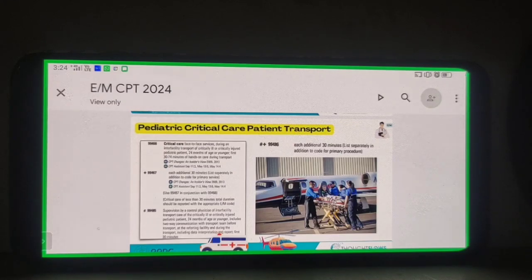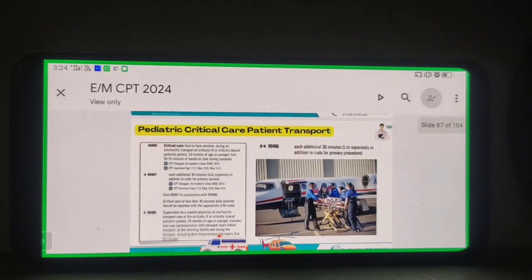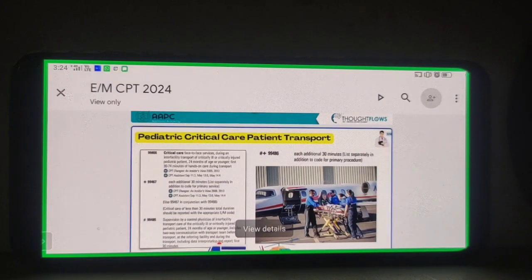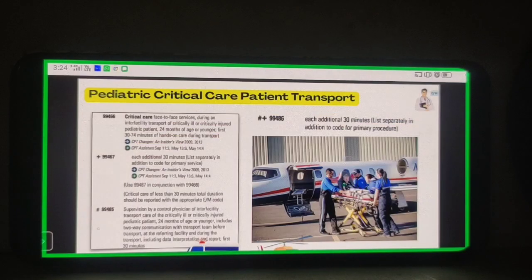Here the doctor also travels with the patient, so go for 99466 and 99467. 99466 is for the first 30 to 74 minutes. For each additional 30 minutes, 99467. So here the doctor gives face-to-face service during the travel.